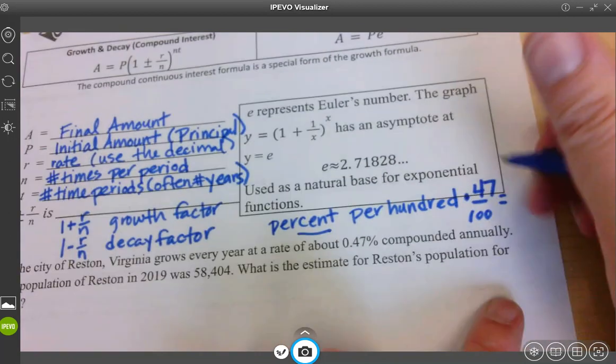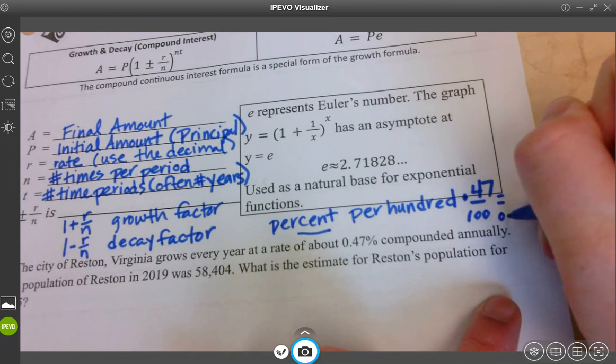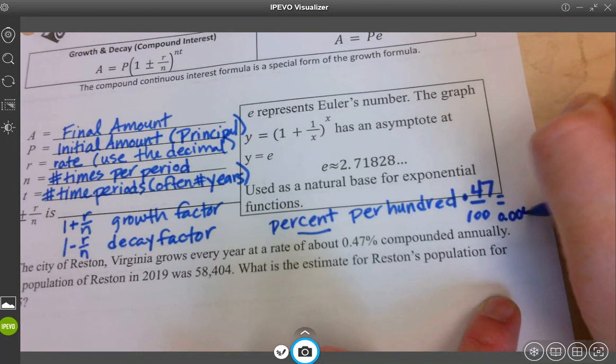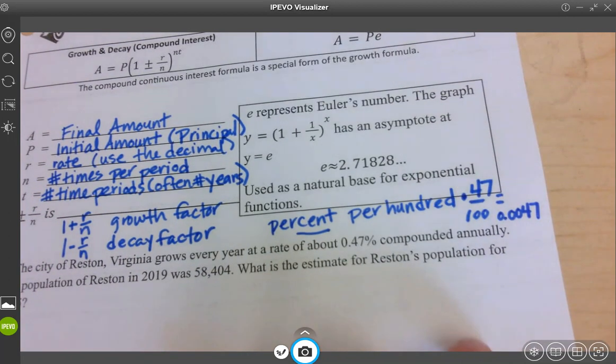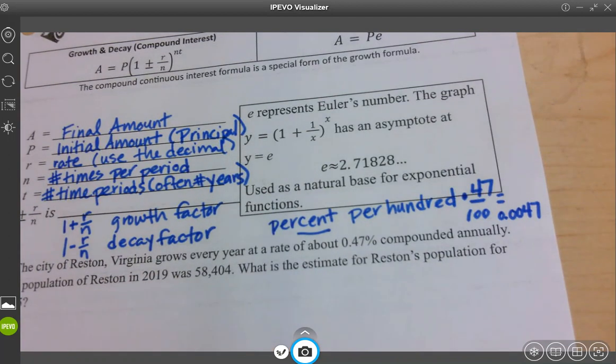Yeah, so 0.0047. But Josiah's going to verify for us. Did you get that? Oh, sorry. Anybody else divide 0.47 by 100? Okay, it should give us 0.0047.